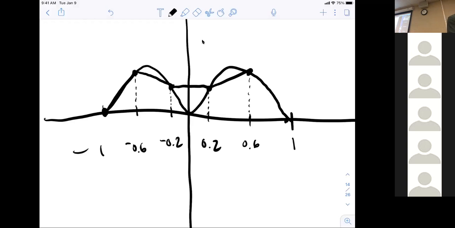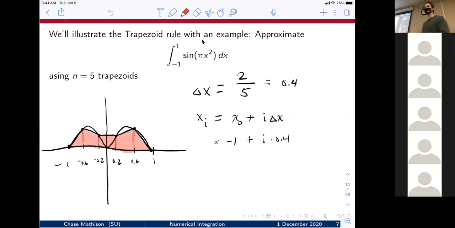And then lastly, I'm going to get another triangle for my trapezoid. So we want to find the sum of the areas of these trapezoids, and that will give us an approximation of the area under y equals sine of pi x squared.